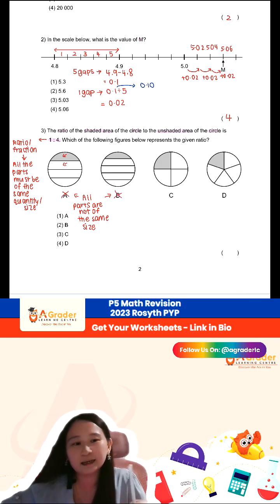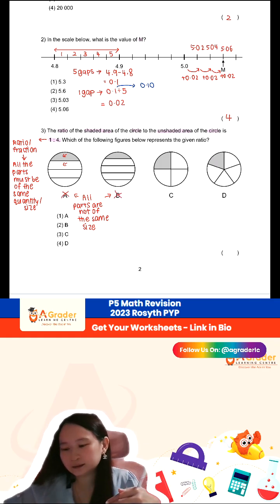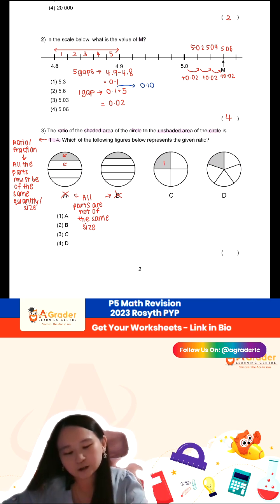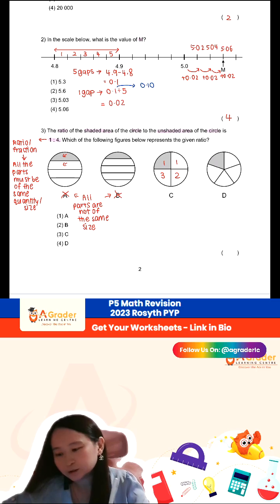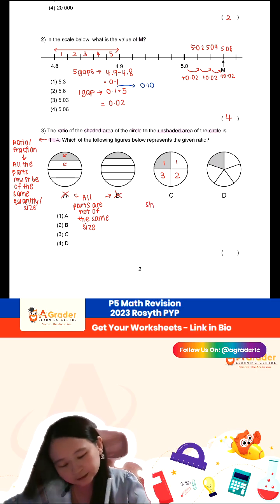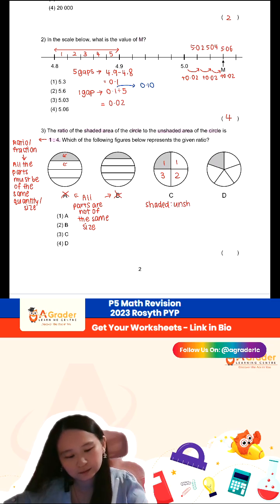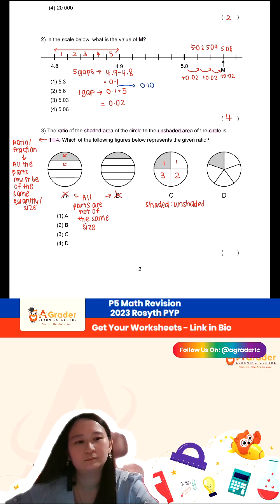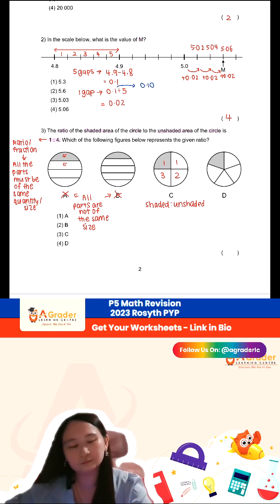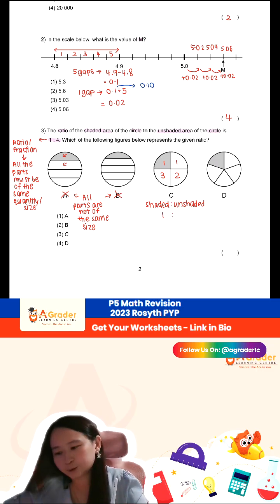C and D, they are cut equally. So we can count the number of shaded area and unshaded area. So one shaded part for C and 3 unshaded parts for C. So for C, your shaded to unshaded will be 1:3.